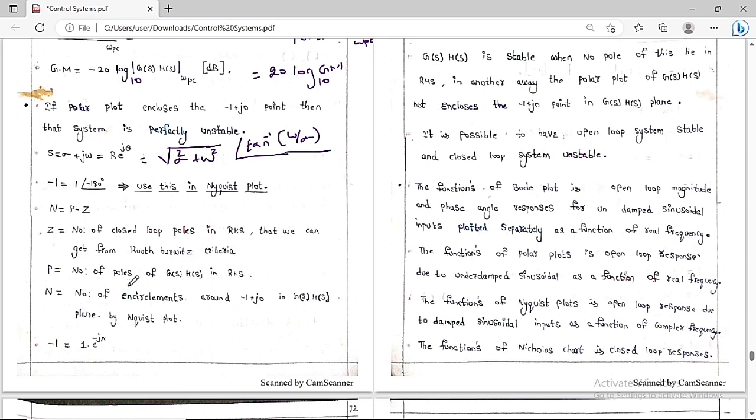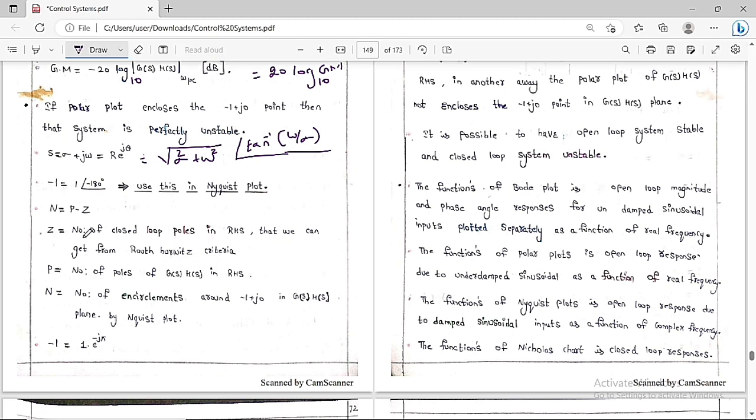Whereas P indicates the number of poles of the open loop transfer function present in the RHS of the s-plane, and N indicates the number of encirclements around the minus 1 plus j0 point in the open loop transfer function G(s)H(s) by the Nyquist plot. So this point you always have to keep in your mind.